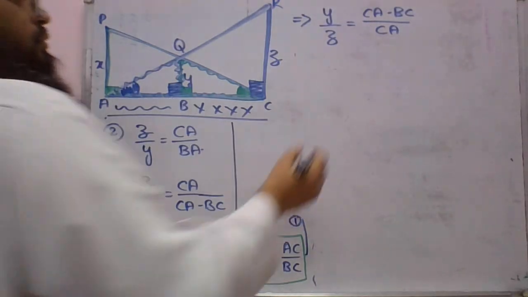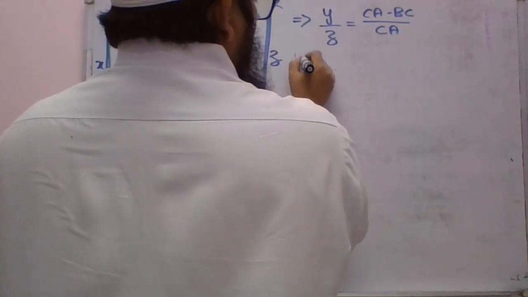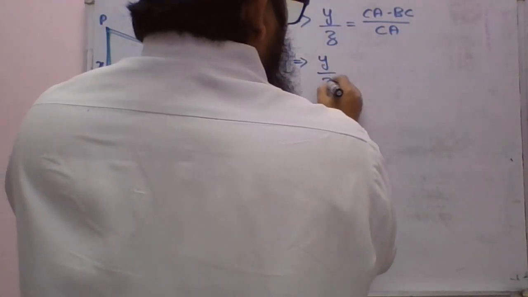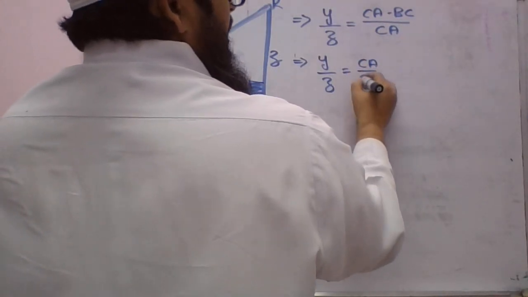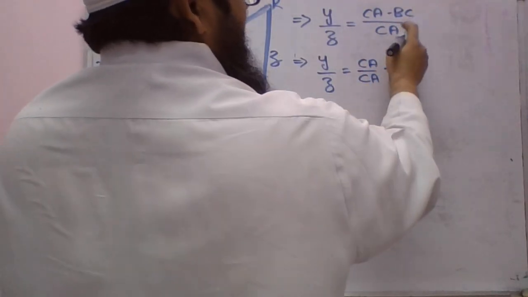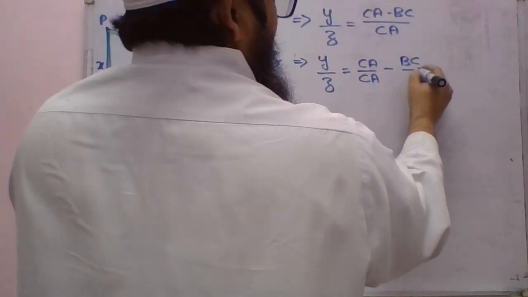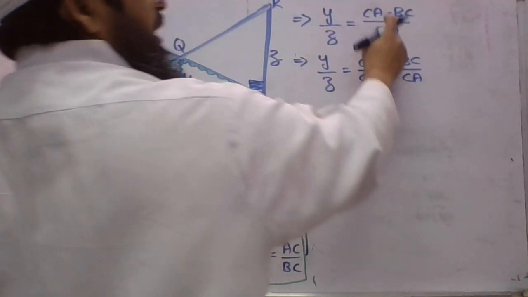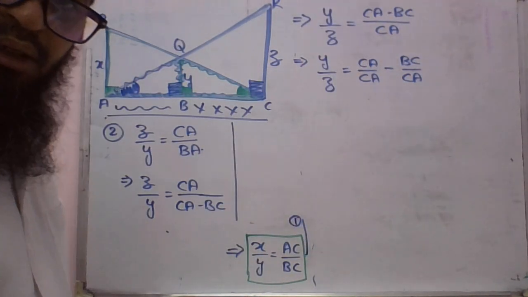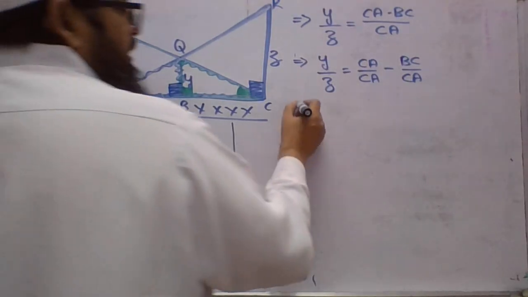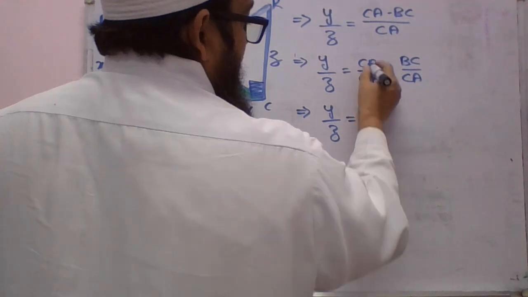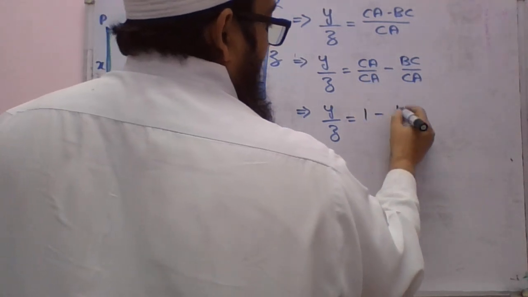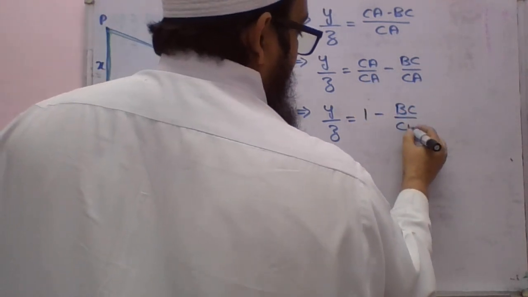That implies Y by Z is equal to CA divided by CA minus BC divided by CA. Let me distribute the denominator to both the terms in the numerator. So Y by Z is equal to CA by CA, which is 1, minus BC by CA.